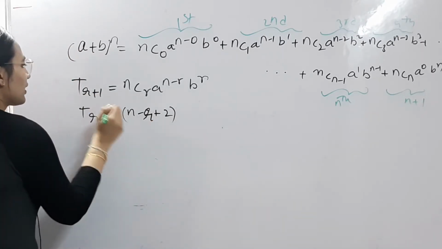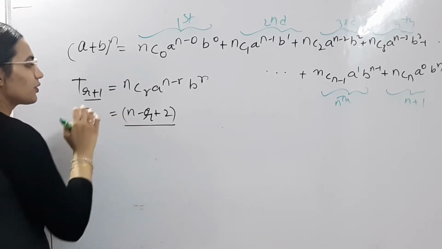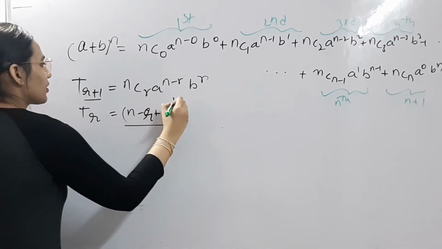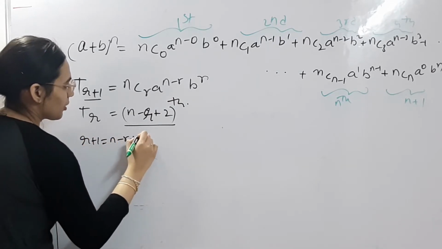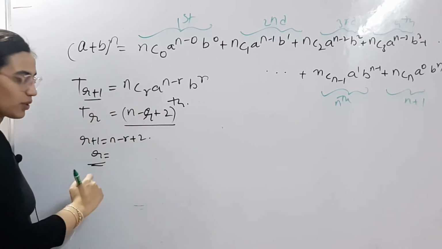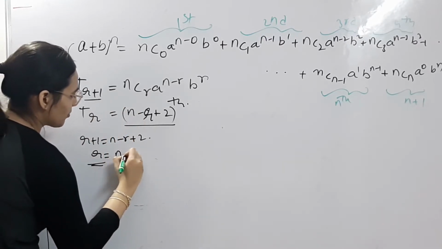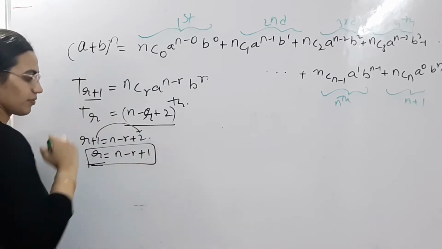So, this is equal to this? Yes. So, r plus 1 is equal to n minus r plus 2. So, we need to find the value of r in order to substitute r in this equation. So, we get what? r is n minus r plus 1. We'll take minus 1 here. Right?